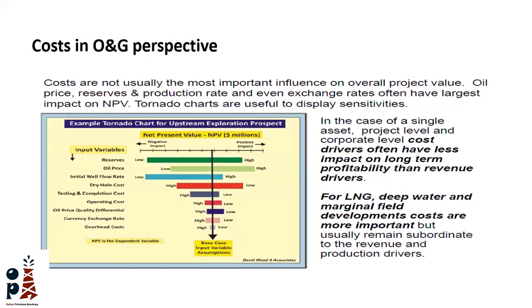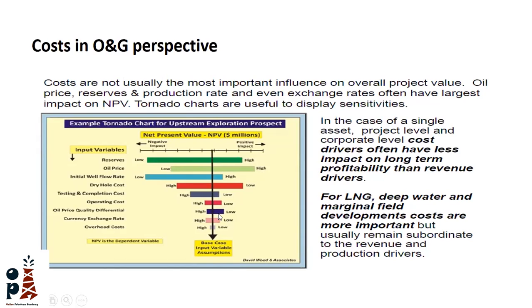In general, for a large project, the effect is mainly due to what we call the revenue drivers, like reserves, oil price, and initial well flow rate. You will find on tornado diagrams that we have a big range. If you change this parameter by 10% or 20%, you will find a huge range. This is a spider or tornado diagram, and the company should focus on these items in the economic model.